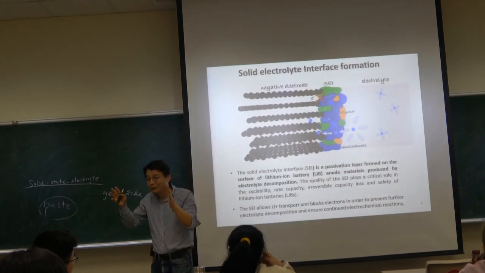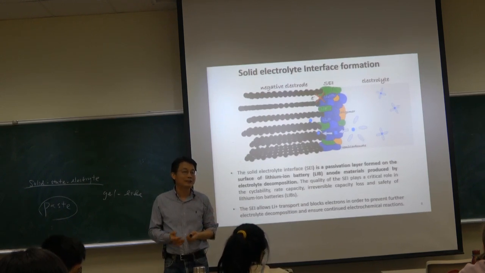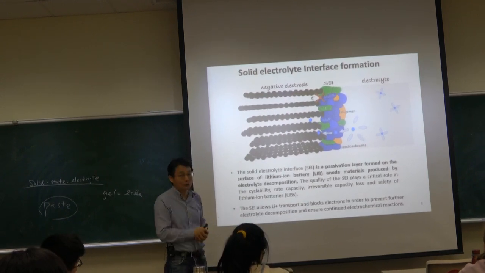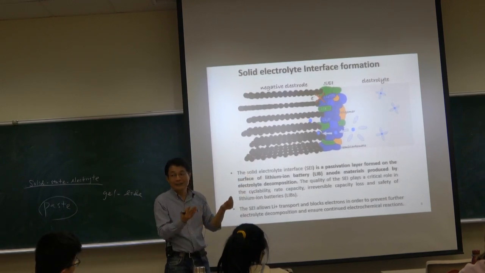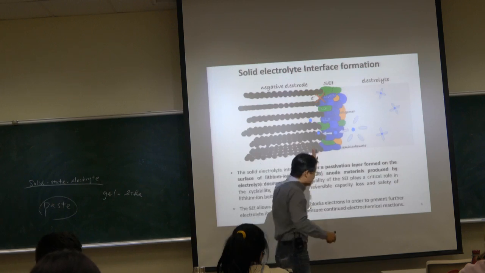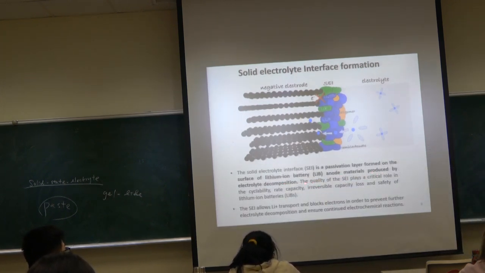If the SEI is too thick, that means most of the electrolytes have reacted with the active materials, okay? And then with less electrolytes, the performance will drop a lot.